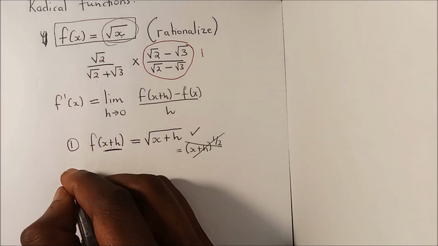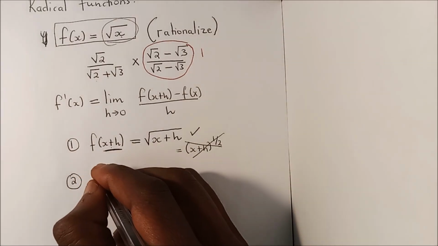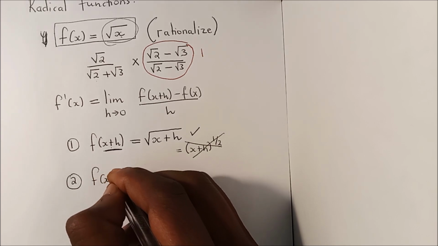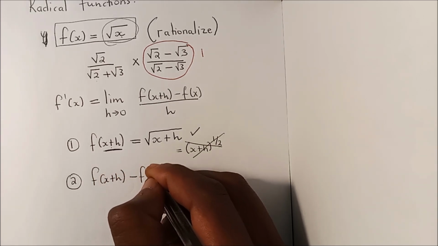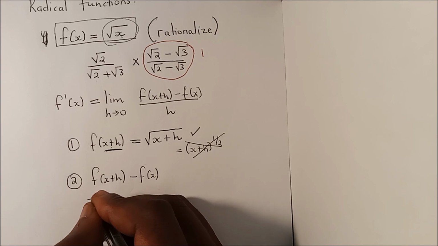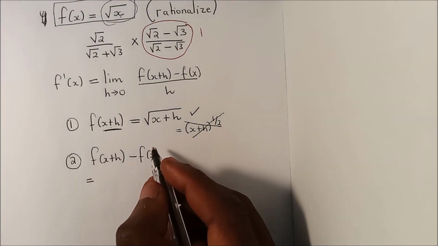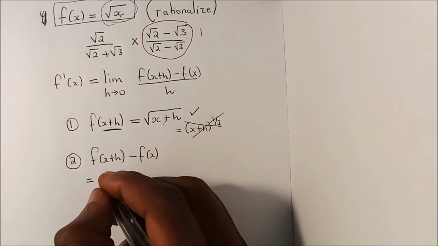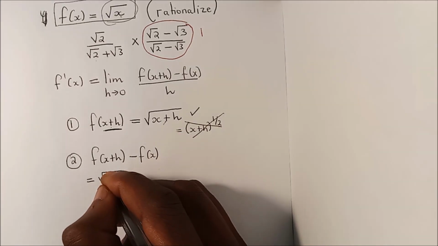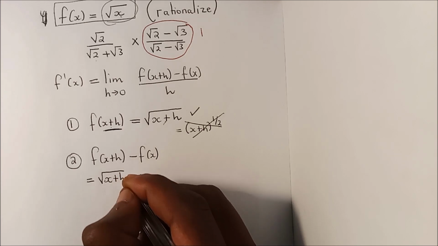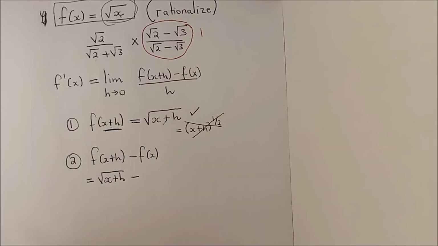Now part number two is to find f of x plus h minus f of x. What is your f of x plus h? You have it in the first step. That is square root of x plus h minus, now what is your f of x?